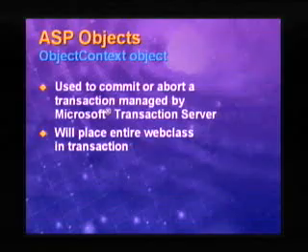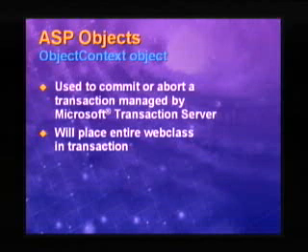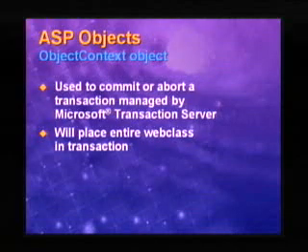You want to have your transactions as short and compact as possible. What I'm going to recommend is, since you have the ability to call COM objects from your web class, package all your business rules in those COM objects and place those in MTS. That way you have control over when the transaction starts, and you have control over when the transaction ends as well.